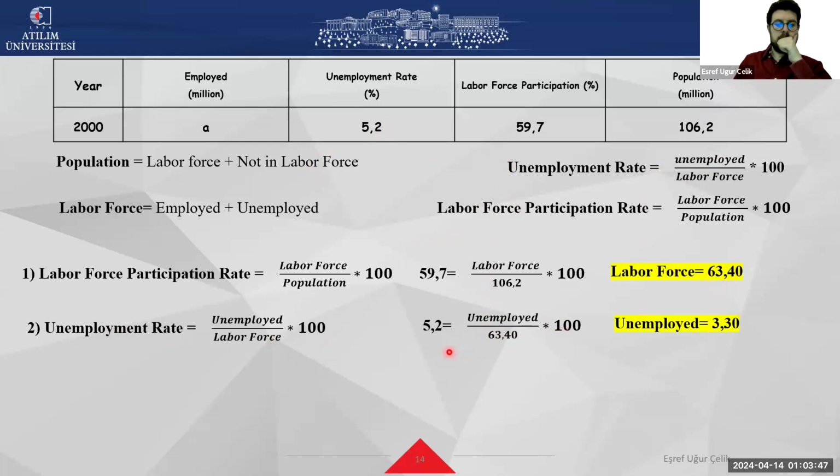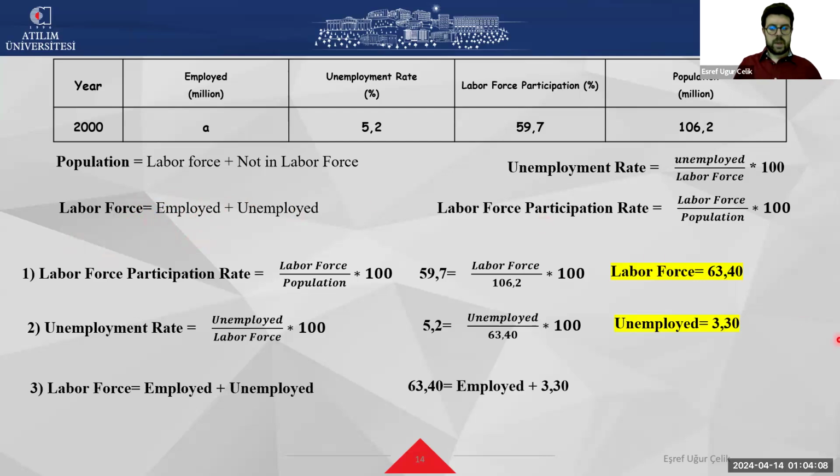Okay. Then we know the labor force. We don't know the employed, but we are able to know the unemployed. So by using that equation, we are still able to find the employed number: 63.40 minus 3.3, and we find the employed number, 60.1.